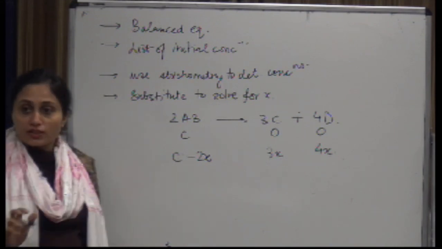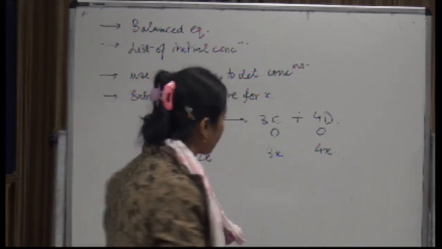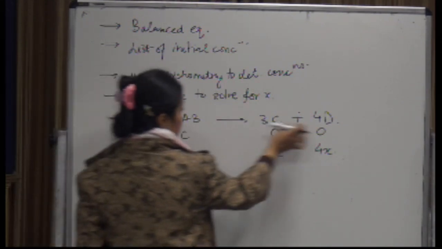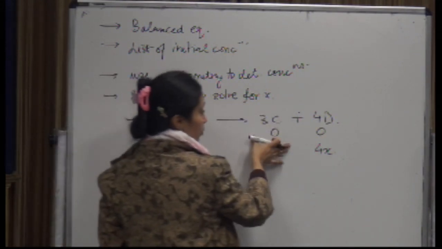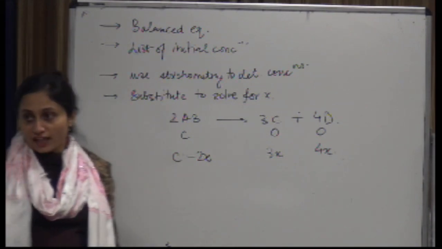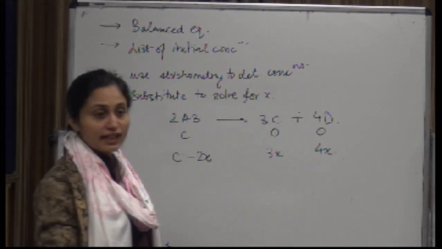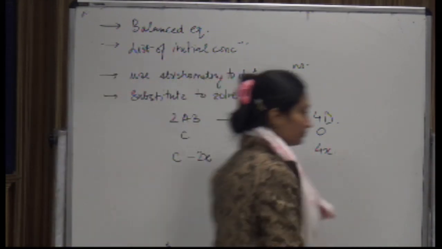So that will be C minus 2x. You have to take care that each stoichiometric coefficient is taken into account accordingly, because here 2 moles of A give rise to 3 moles of C and 4 moles of D. This is an important thing that needs to be remembered.